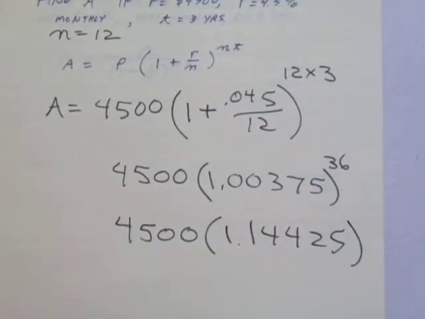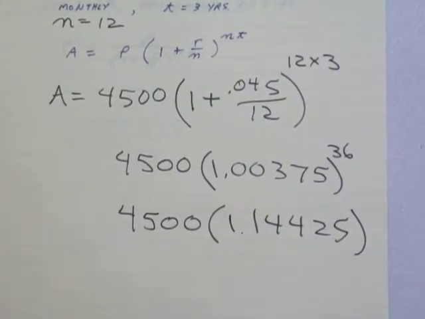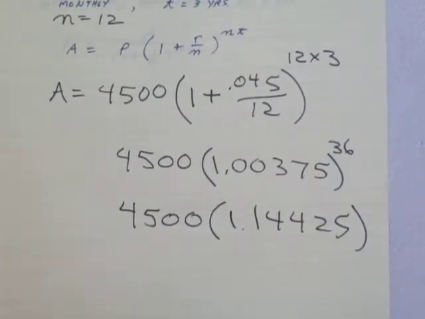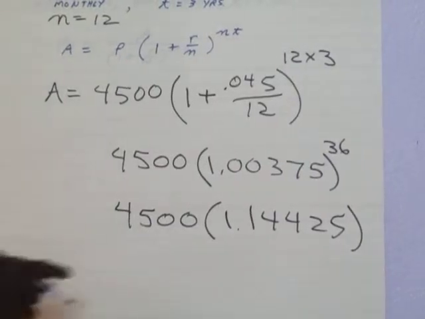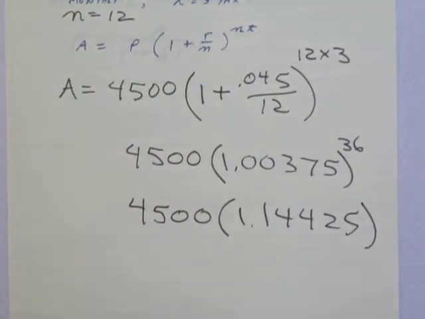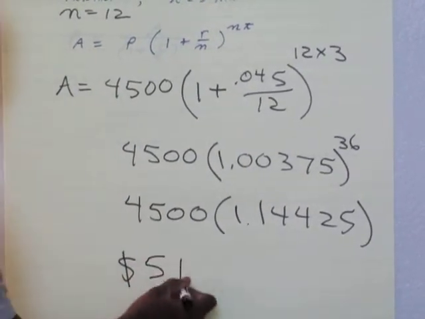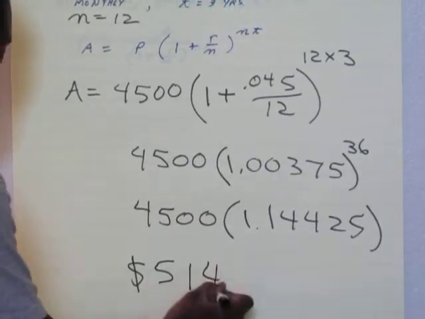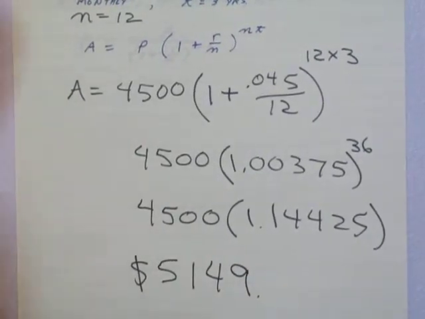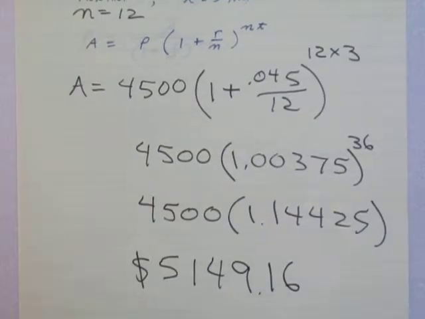Now on your calculator, you don't need to actually round off. You can carry all the decimal places and then just multiply your result by the 4,500. Final result here, $5,149.16.